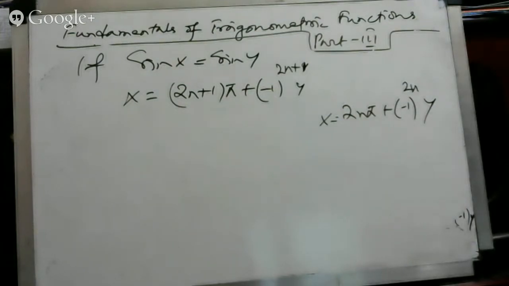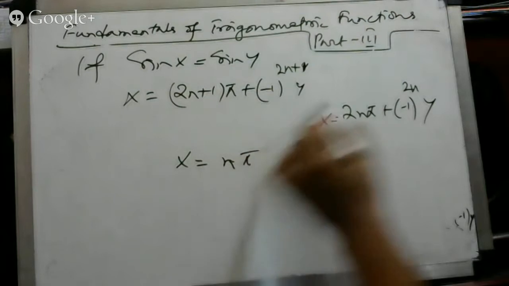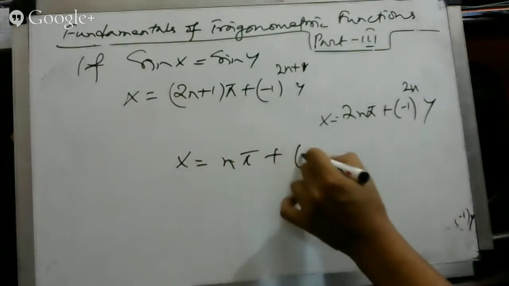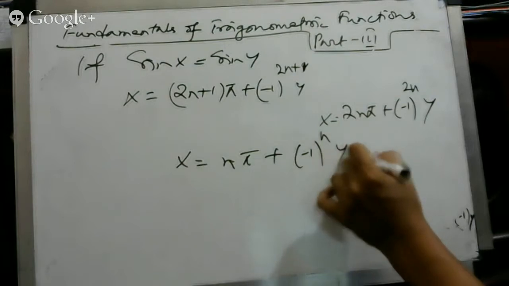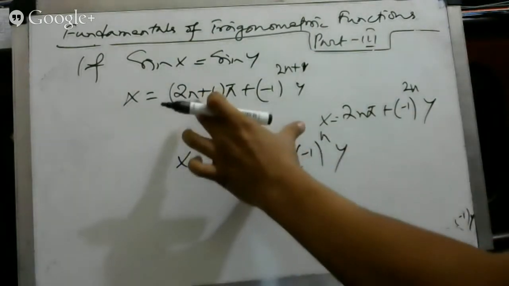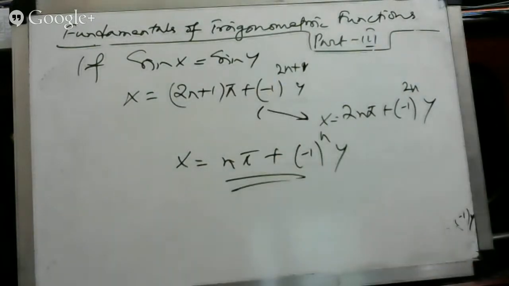If we combine these two results, what we get is x is equal to n pi, because this is what is common between these two results. So the theorem says, if sin x is equal to sin y, x is equal to n pi plus minus 1 to the power of n y.